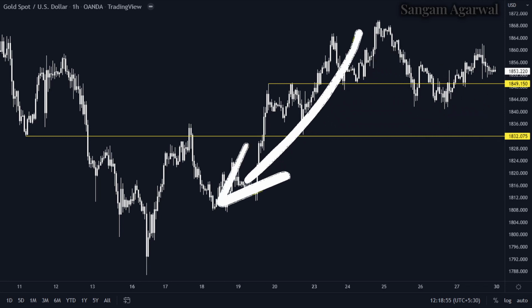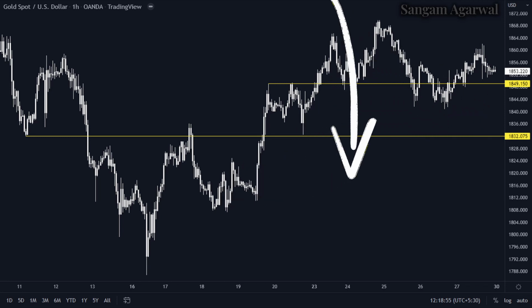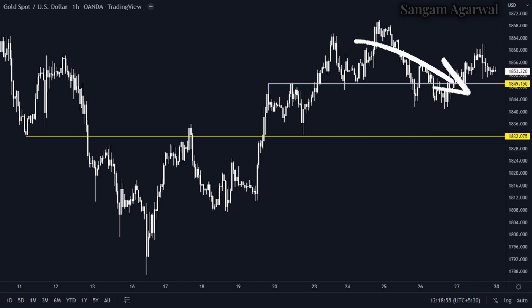After this trend, this can be a complex sideways correction or chart pattern, which we will know when it has ended. But right now it is only a sideways correction and our downside support is 1832.